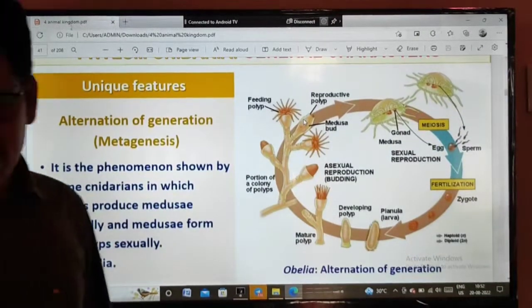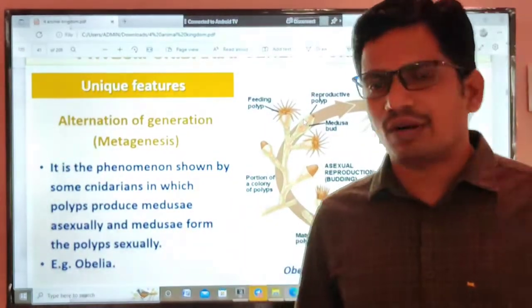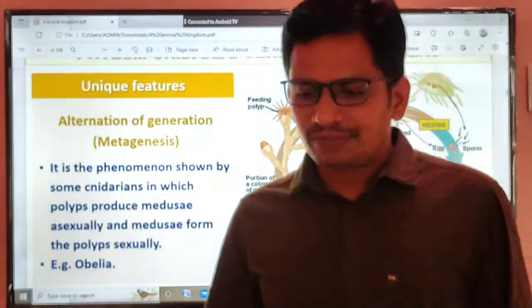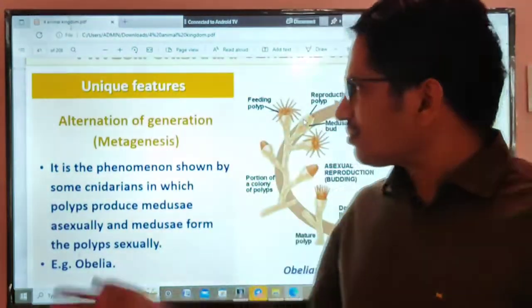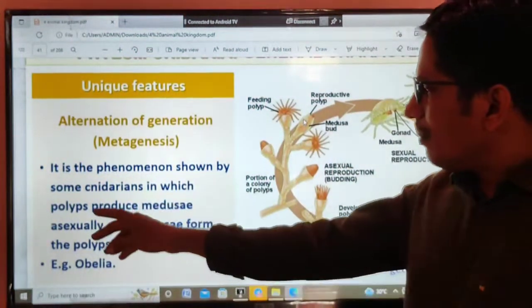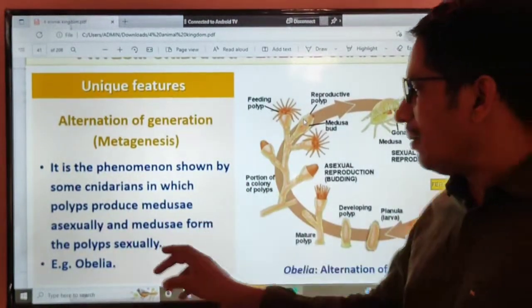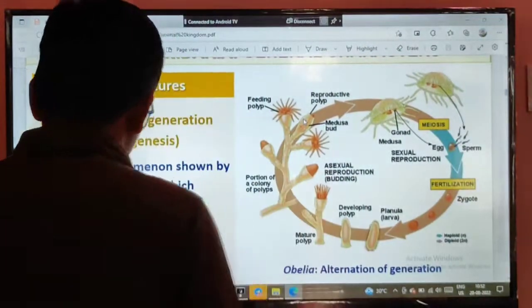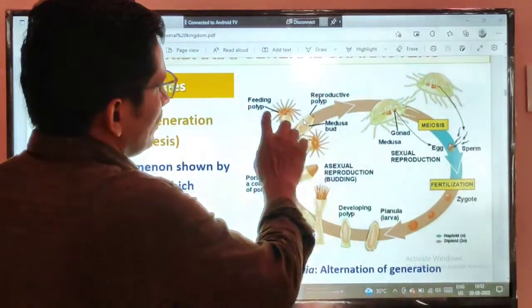Alternation of generation is also called metagenesis. It is the phenomenon shown by some Cnidarians, in which polyps produce medusae asexually and medusae form the polyps sexually. That is Obelia, shown here.